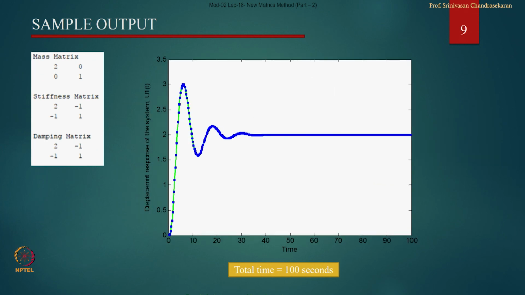If you try to do this for 100 seconds, you will see that initially for 10 seconds, the values are changing, then it becomes constant, then after a specific time it becomes completely unchangeable. So, a steady stable output is available from the scheme.